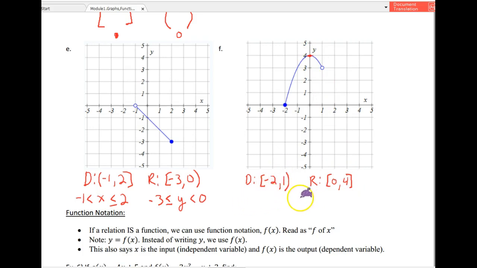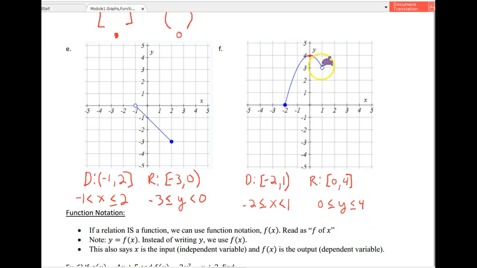If I write this in set builder notation, again I'm just going to write the inequality piece of it, but it's the set of x's such that -2 is less than or equal to, bracket, x, less than, so the parenthesis, 1. The range is a set of y's, so 0 less than or equal to, because of the bracket, y less than or equal to 4.